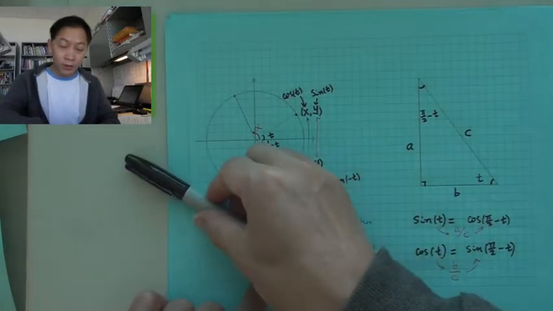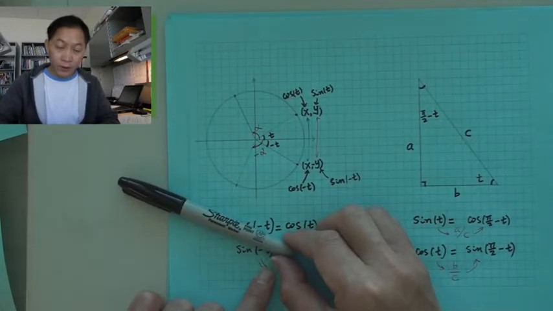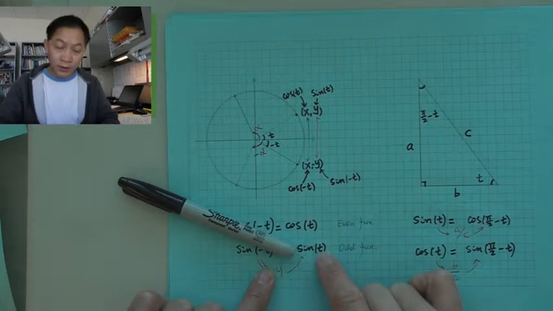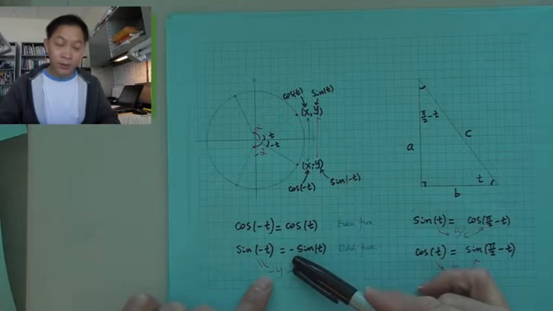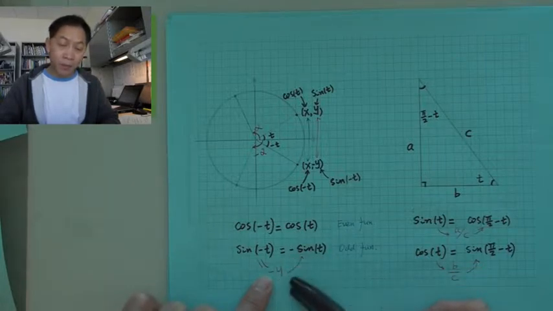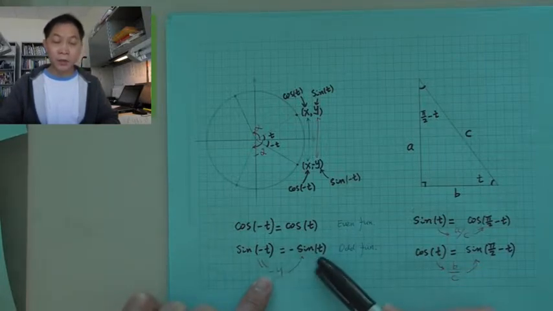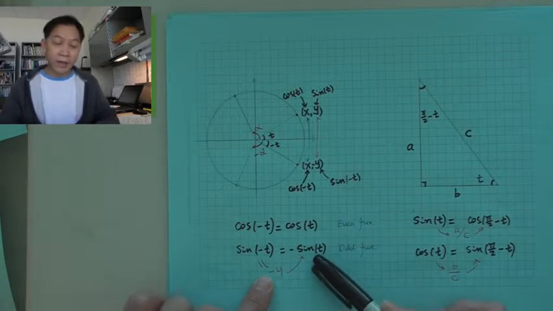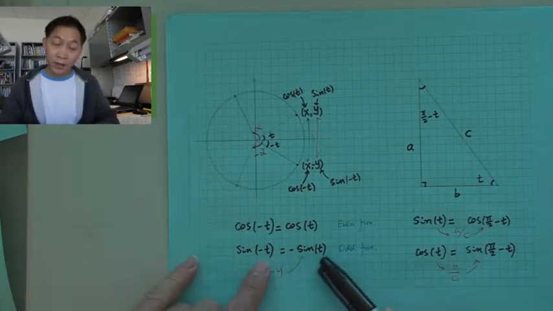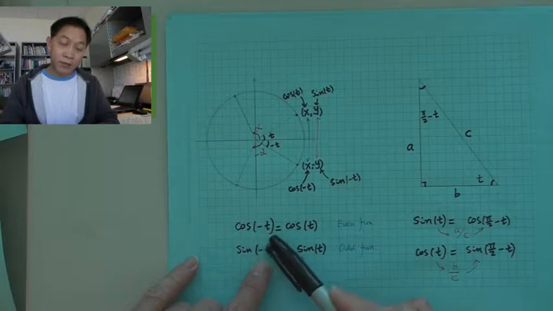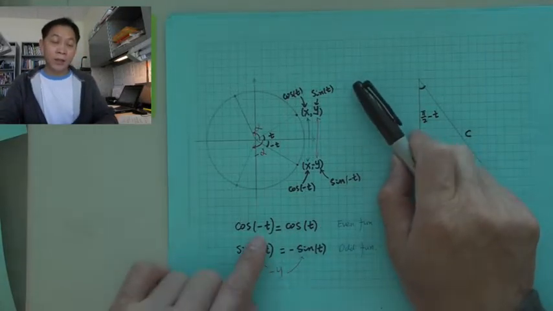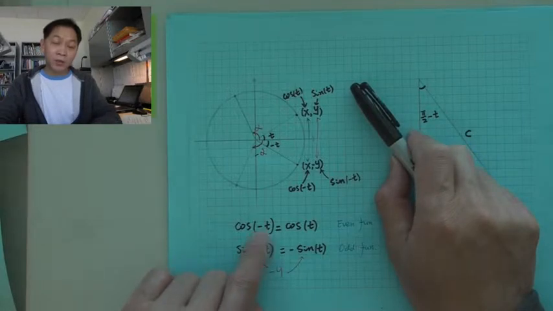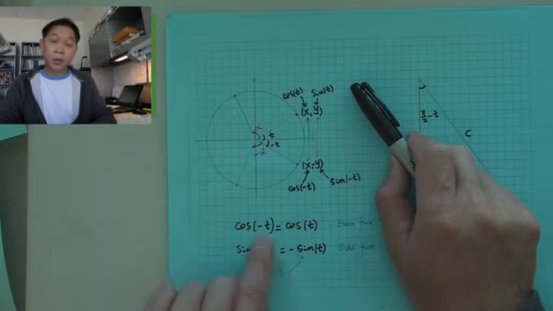So if you replace this y with sine t and put a negative sign in front of it, then they are equal. So sine negative t is negative sine t. For cosine, cosine negative t is just cosine t. It doesn't matter whether t is positive or negative, for cosine they are equal.